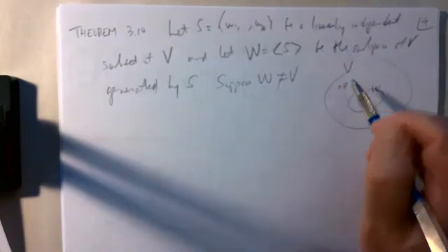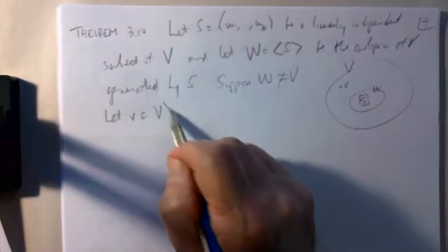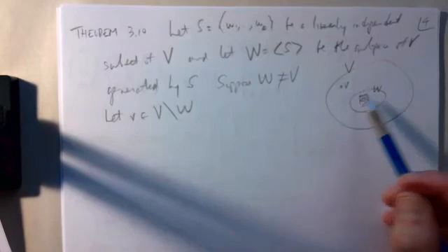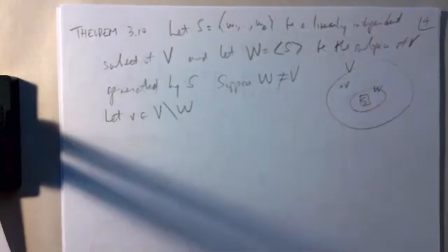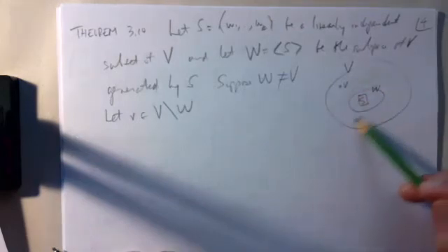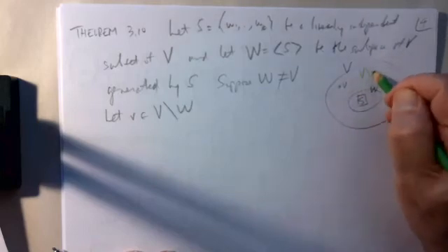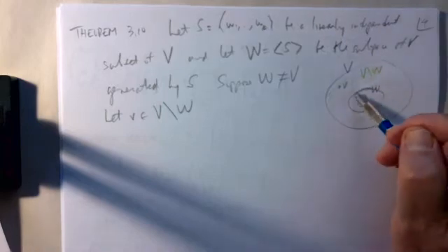So there's some vector v that's in V minus W. That means everything in V that's not in W. So in this picture, this part that I'm shading in green is V minus W. Everything in V that's not in W. W is here.